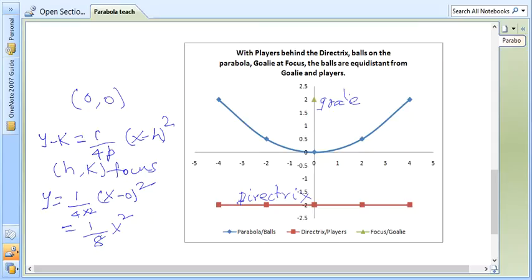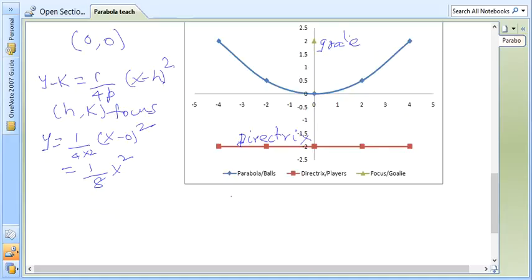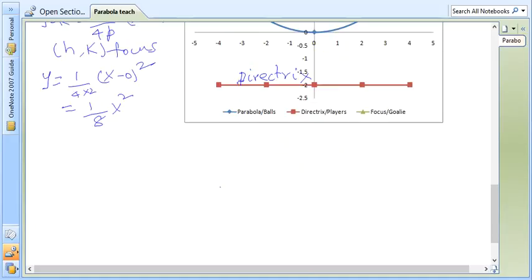Now, a lot of problems you can solve by just knowing the shape of this. So let's take a slightly different example. What if the vertex is not exactly at 0, 0, but maybe it's at the point 2, 3? Let's say the vertex is at 2, 3, and we assume that the value of p is still equal to 2.